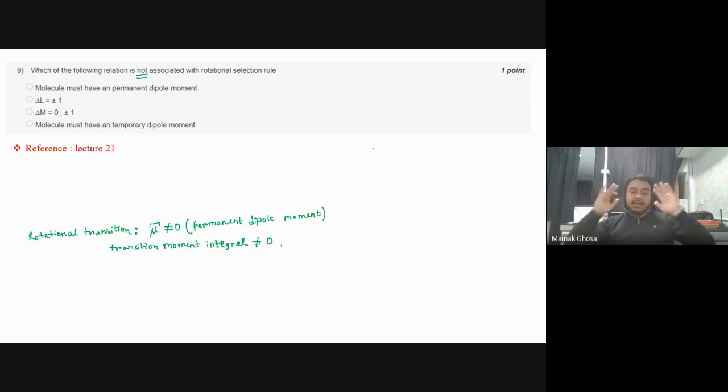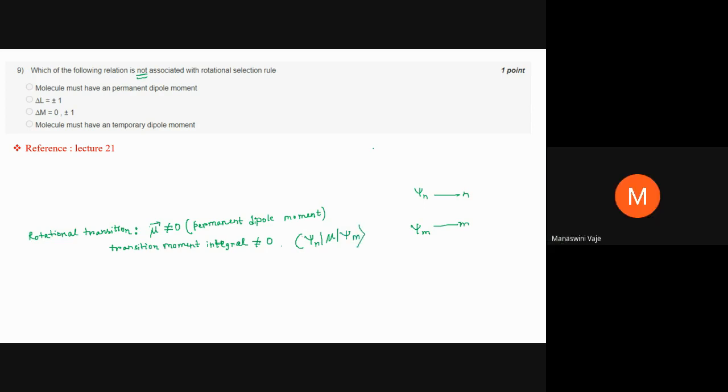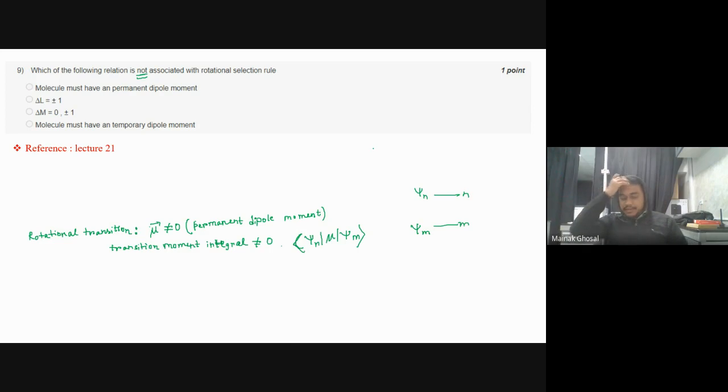Suppose a transition is happening from state M to state N. So the bra function should be psi M and the ket function psi N, and the condition is <psi N|mu|psi M>.